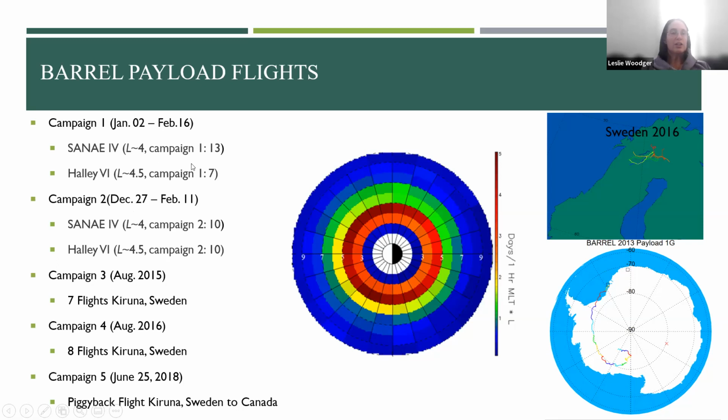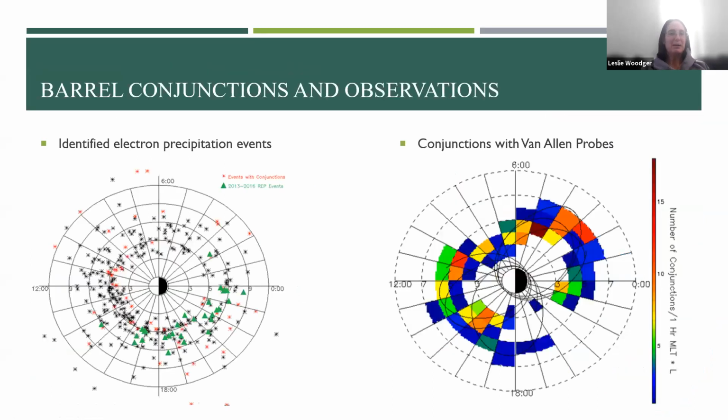The average flight time for the Antarctic flights was around 12 days, and the Kiruna flights were around 12 to 18 hours. The Sweden flights were cut down and terminated, and because they were local, we could recover them. That allowed them to be flown again and again, which is great.